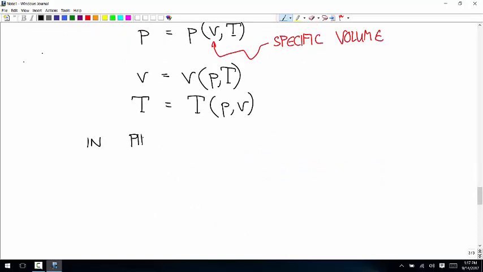In the phase change regions, temperature and pressure are dependent.